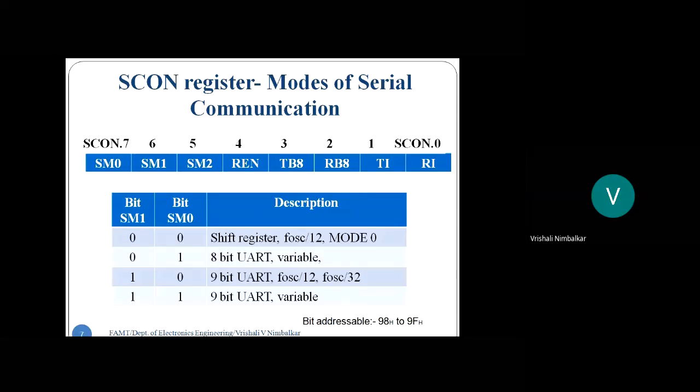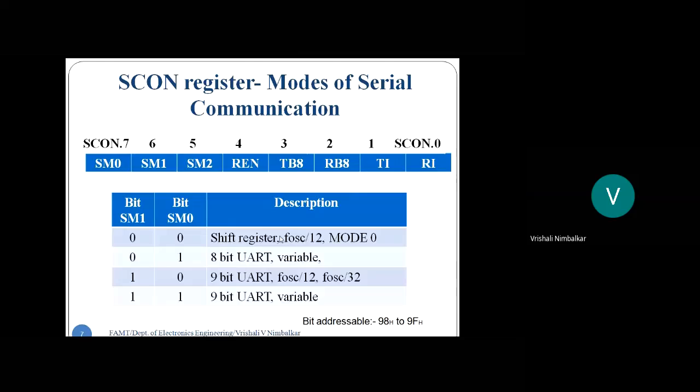Is that okay? Now see, whenever we perform synchronous serial communication, there are two pins, TXD and RXD. The microcontroller is communicating with some other device. If it is in mode 0, data will be transmitted 1 bit at a time. In synchronous serial communication, data is transmitted on the RXD pin.